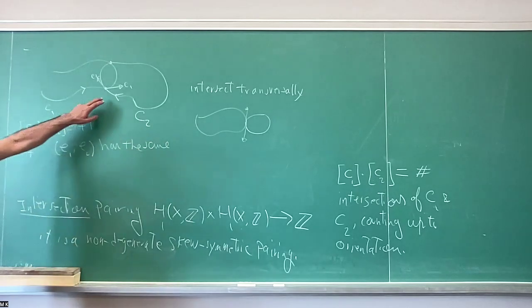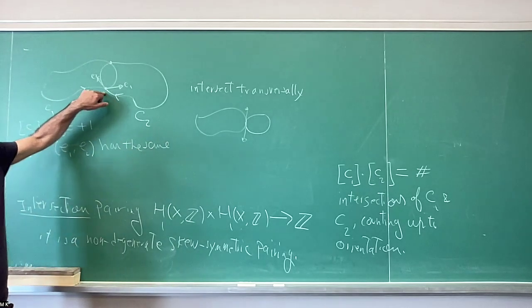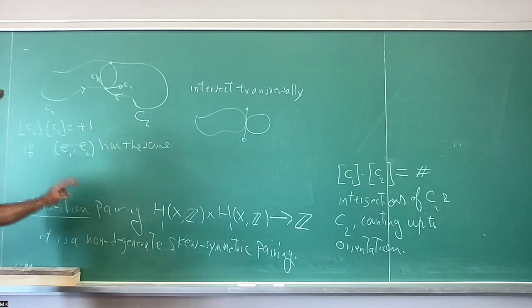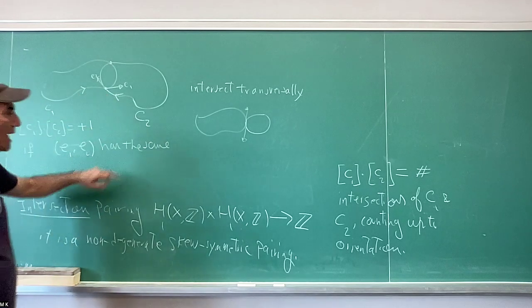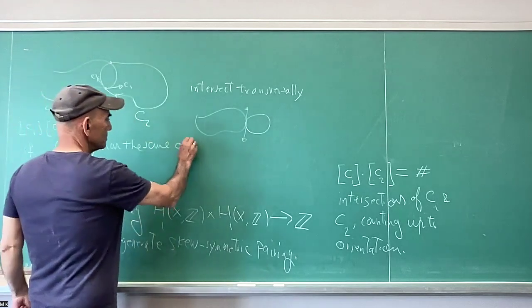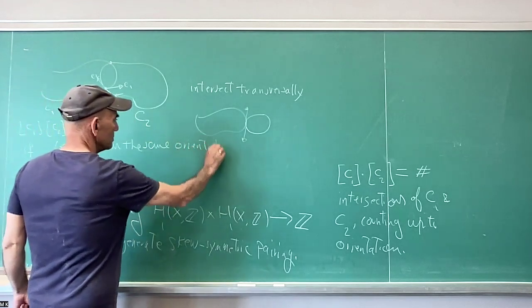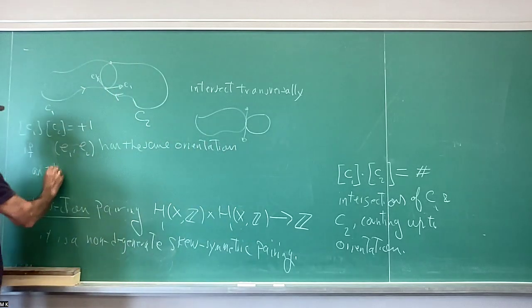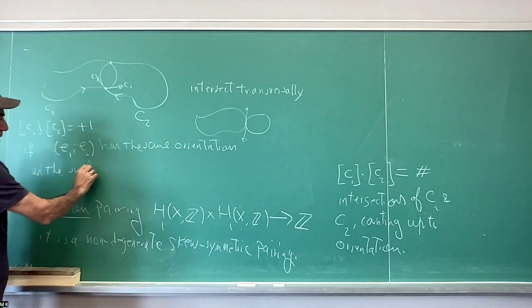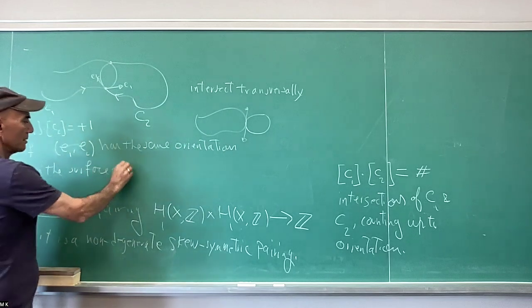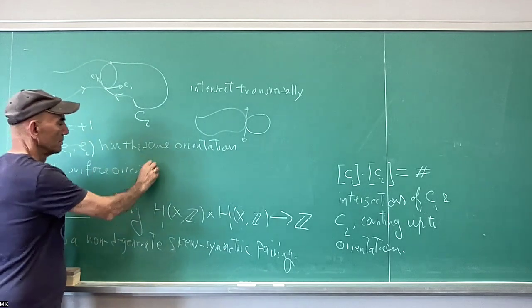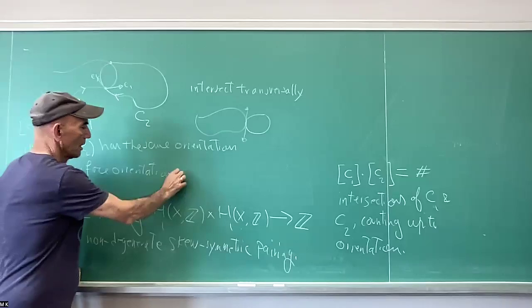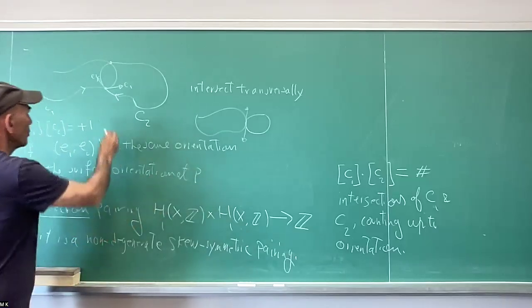E1 and E2 are tangent vectors to the two curves at that point. So this is the point P, right?